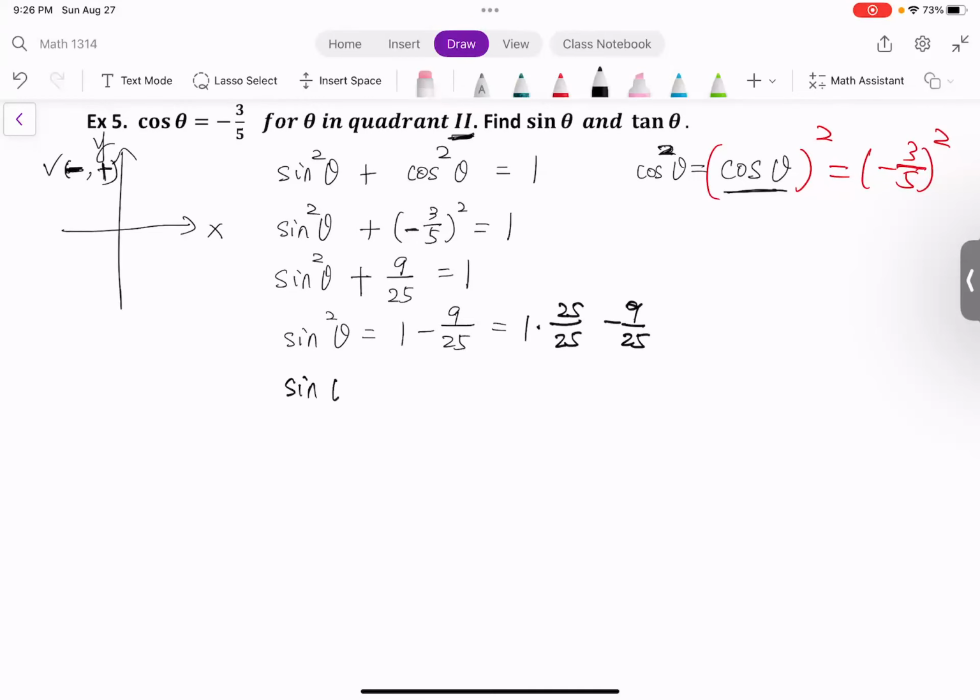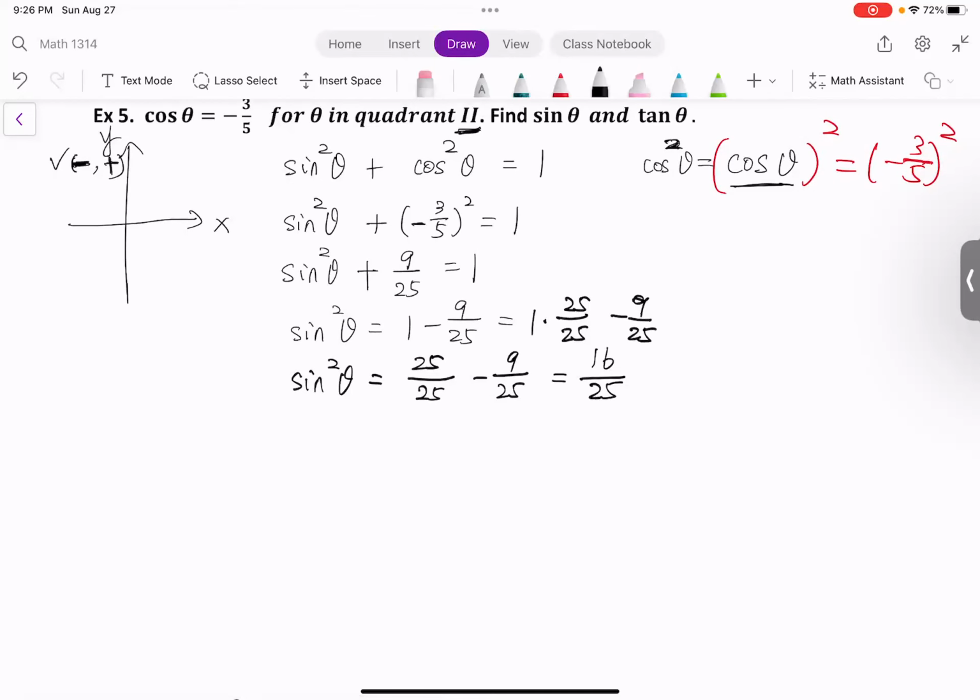So the sine theta squared equals 25/25 minus 9/25. It is 16/25. And then we have sine theta squared equals 16 divided by 25. And then I take the square root of both sides.